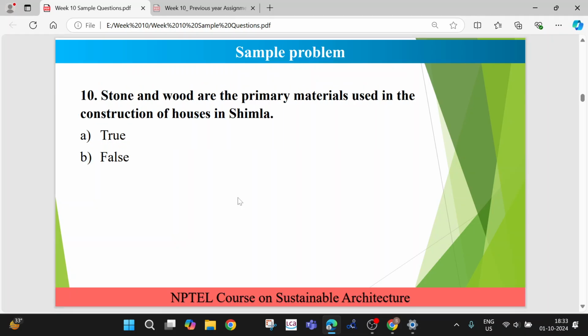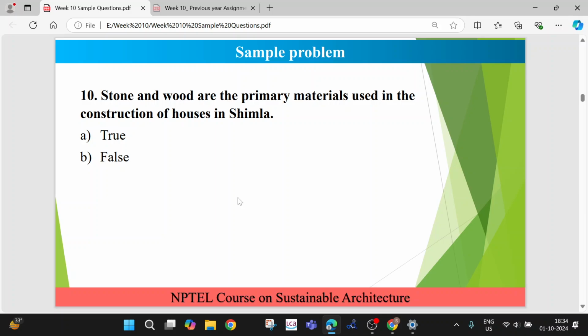Fine, then let's move to the 10th question. The stone and the wood are primary materials used in the construction of houses in Simla. Is it true or false? People who are facing some issue with this question can refer to slide number 13, where the Jubbal, Simla houses and different practices and materials were discussed.